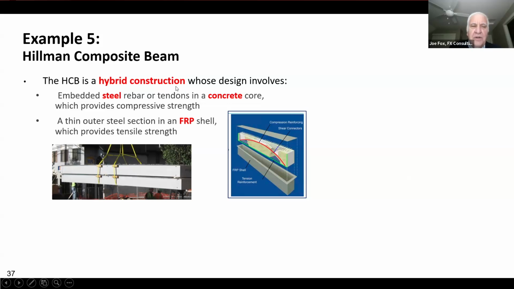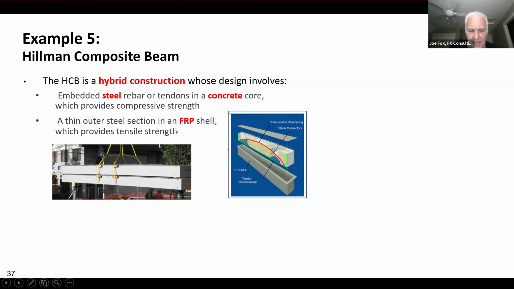It is a hybrid construction whose design involves embedded steel rebar in a concrete core that provides you compressive strength. And then you've got a thin outer section in an FRP shell, which provides tensile strength.